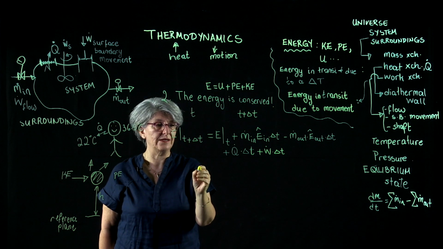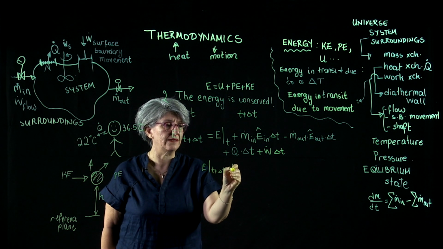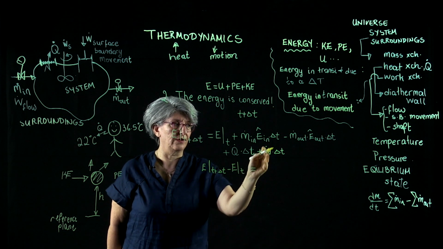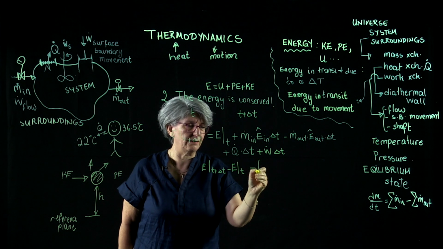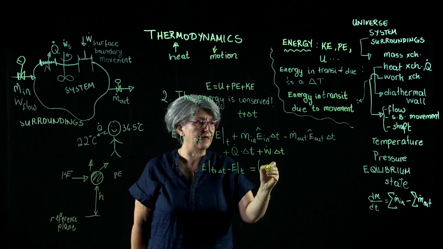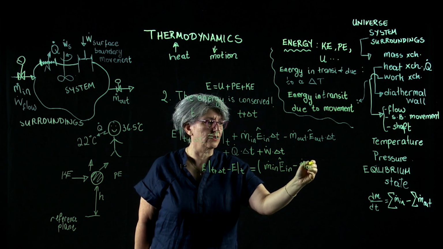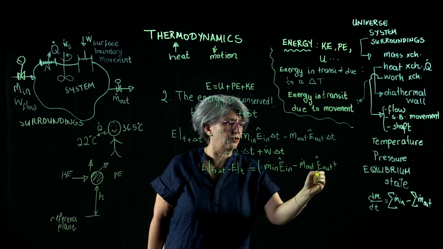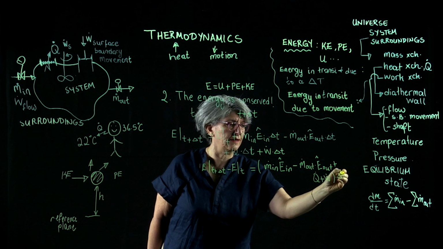Again, rearrange E at T plus delta T minus E at T to be equal to, all these terms have delta T. I'm going to collect them in a parentheses with delta T: m dot in E hat in minus m dot out E hat out plus Q dot plus work dot, times delta T.